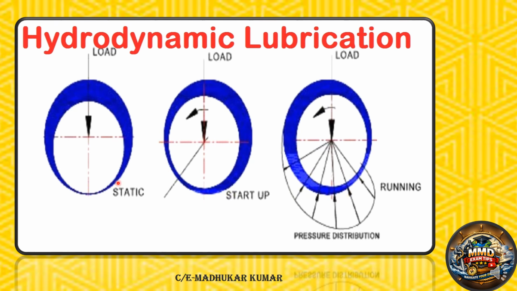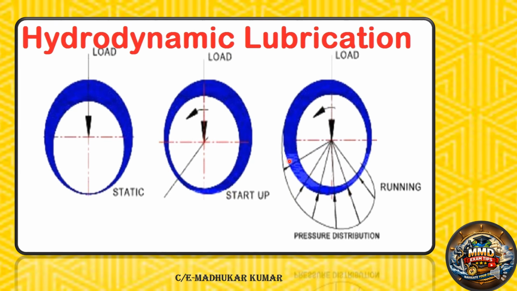Here you can see the starting part. This is the static part, where the shaft and the bearing and the load are directly down. As the motion starts, there will be the creation of the wedge formation. And now it is with the full motion part.